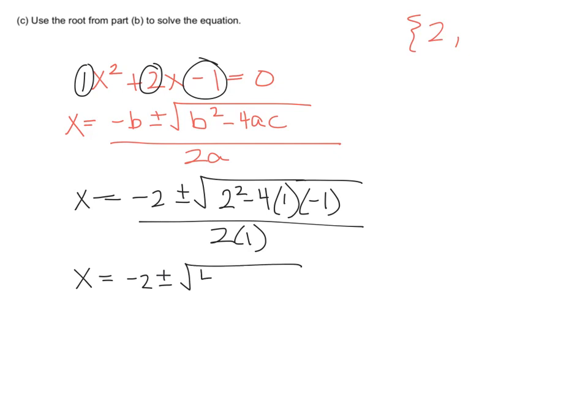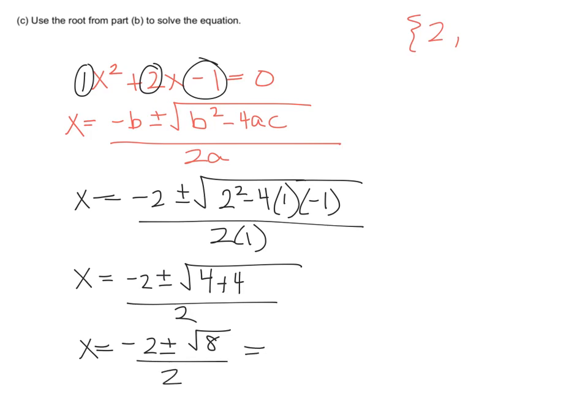So we get the square root of 4 plus 4, since negative 4 times 1 times negative 1 is a positive 4. And then divide that by 2. X equals negative 2 plus or minus the square root of 8 over 2.